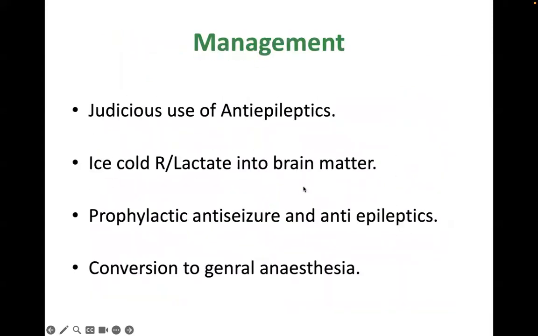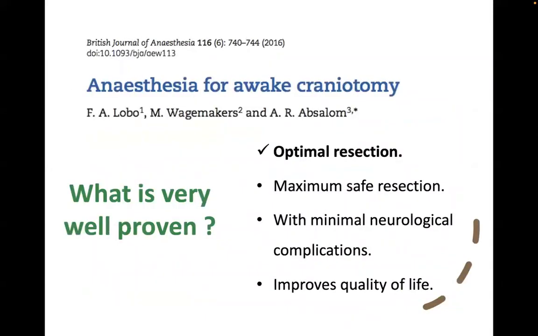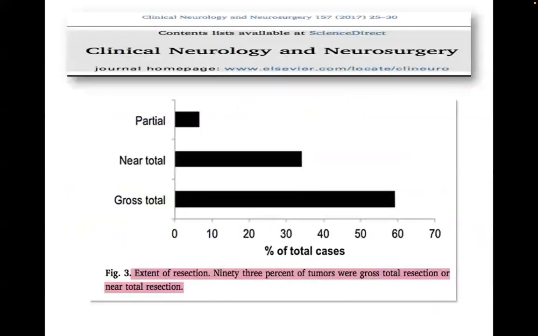So what is well proven is that if you opt for this technique, you can do optimal safe resection. You do the resection with minimal neurological deficit, and you can improve quality of life by preventing postoperative neurological deficit and disease recurrence. As per our local data, most studies have shown significant beneficial effects in terms of gross total resection by doing the awake craniotomy.